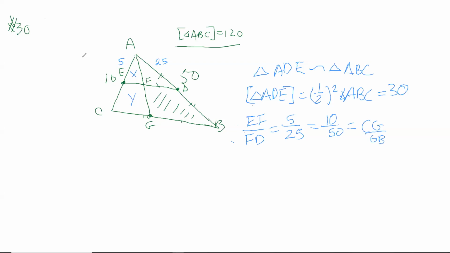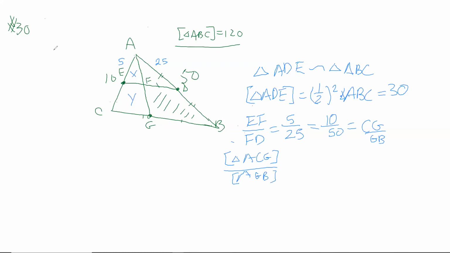This is very useful because now we can write things in terms of x and y. For example, let's compare the ratio of the area of triangle ACG over triangle AGB.